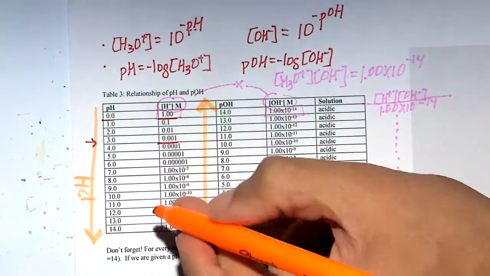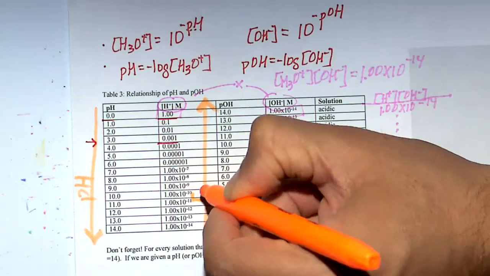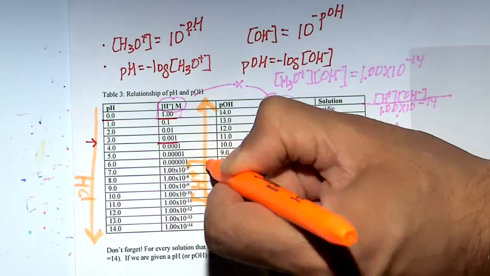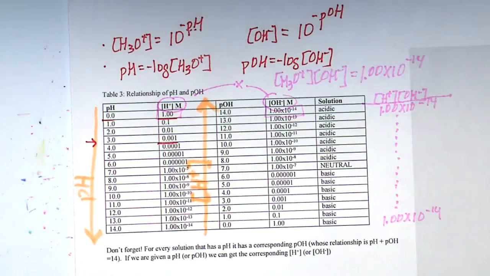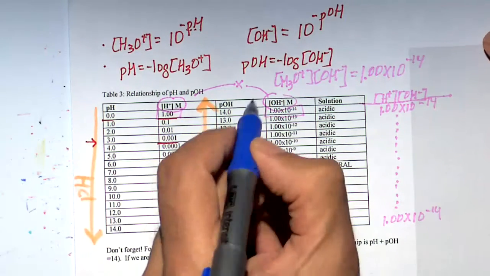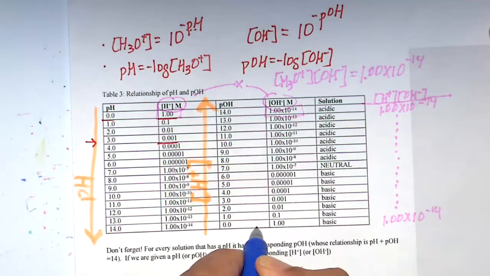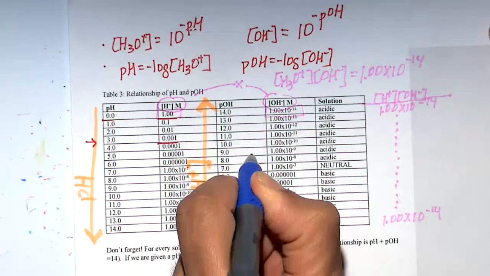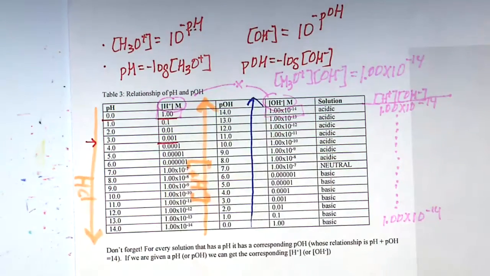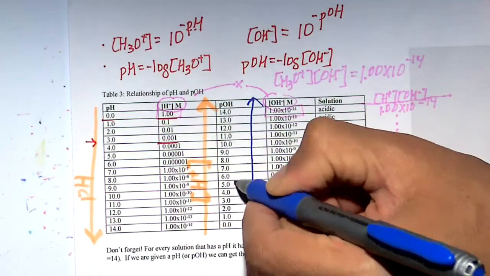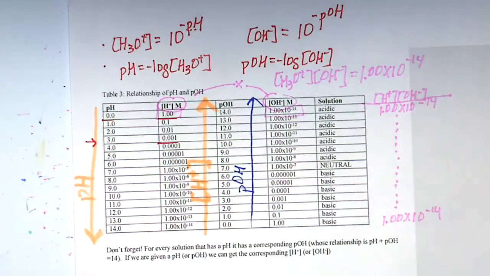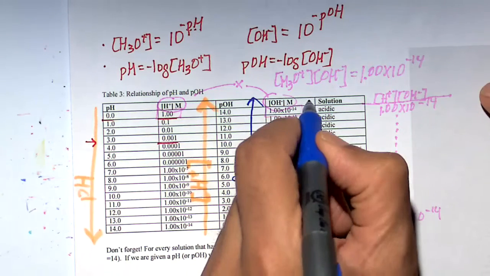So there's an inverse relationship here. Here the pOH is decreasing, so it's increasing this way. If the pOH is increasing this way, the hydroxide ion concentration is increasing the opposite way. Okay.